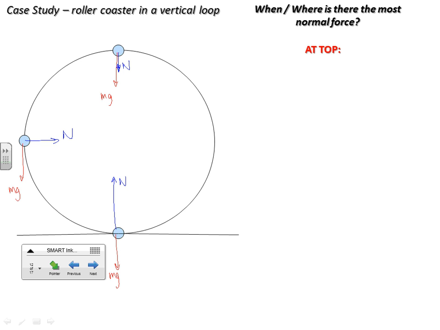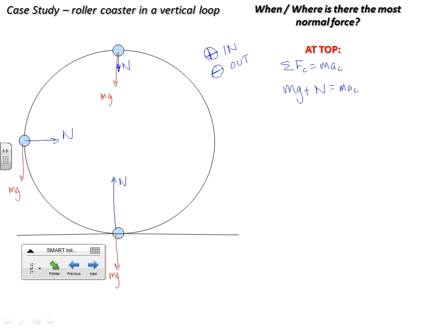So what I'm trying to get at here is let's do a net force statement at each location. At the top, the centripetal direction means positive is in, negative is out. So at the top, we'd say mg plus normal is mac.